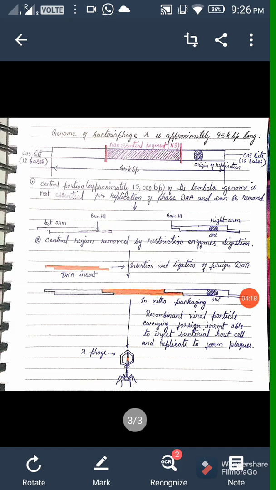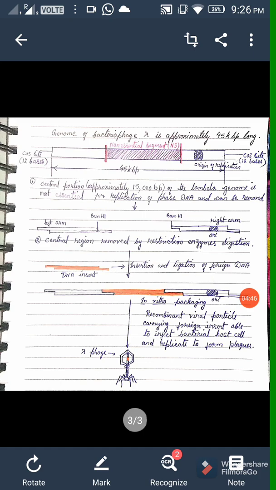Remember that we can remove the non-essential segment and replace it with foreign DNA, but without affecting the ability of the virus to infect the host cell and also to replicate, because if that happens, then it is of no use. If the virus itself cannot infect the E. coli cells anymore, then it will be of no point.